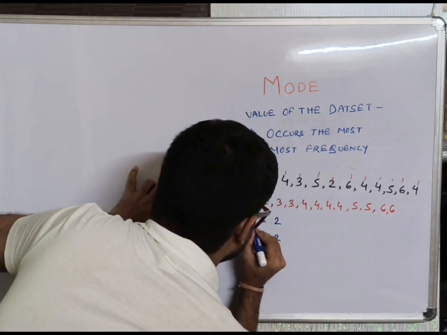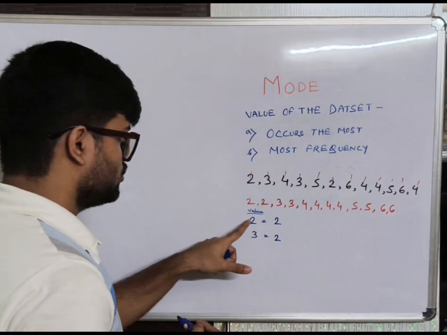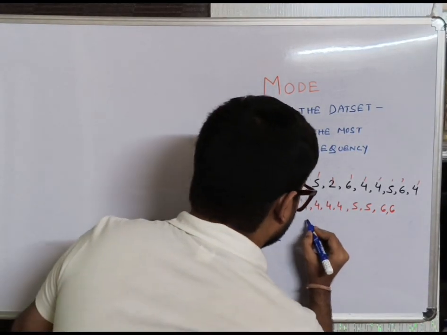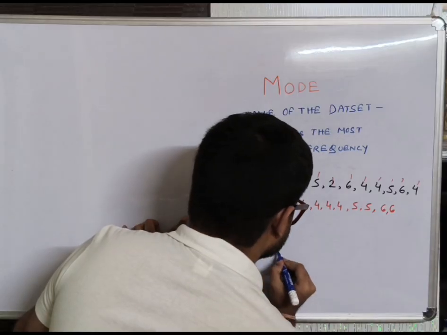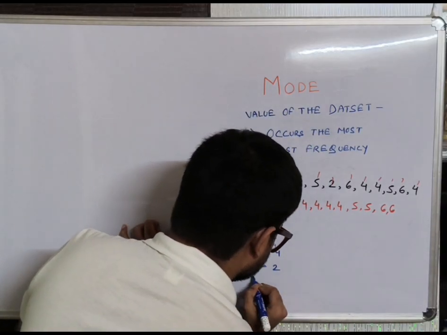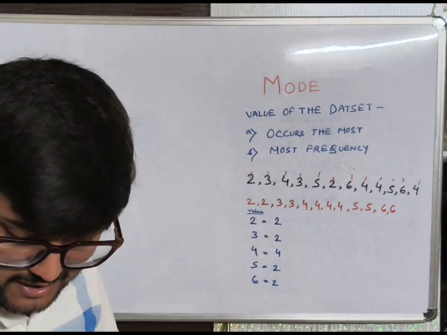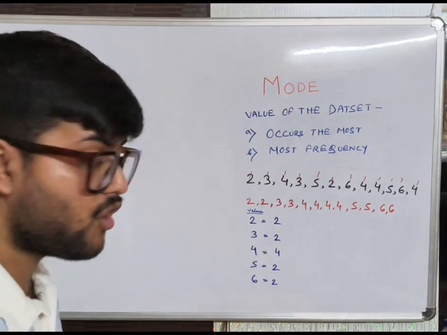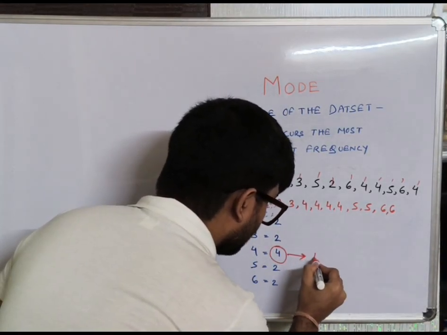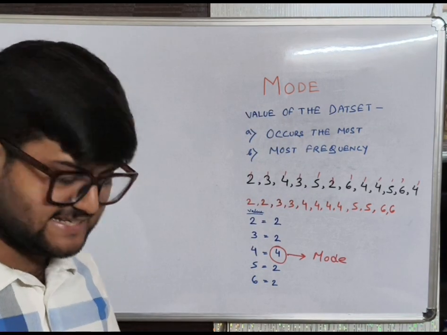First of all I write it as values, so you will understand it. 2 occurs 2 times, 3 also 2 times, 4 has 4 times, 5 has 2 times, and 6 has 2 times. So the most occurring one is 4. So that would be the mode of the data set.